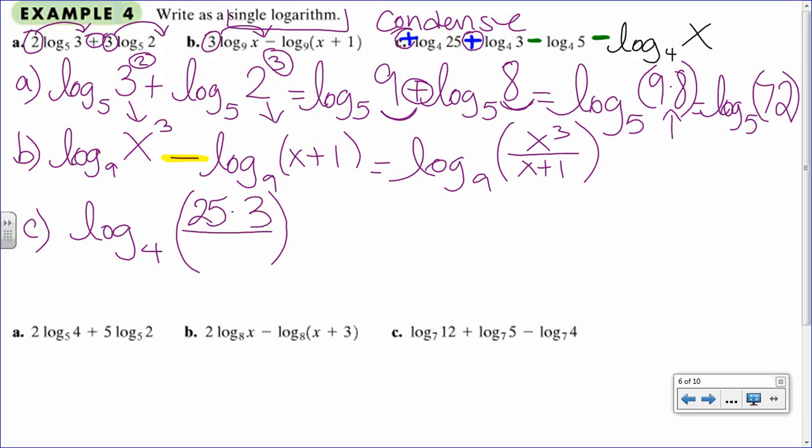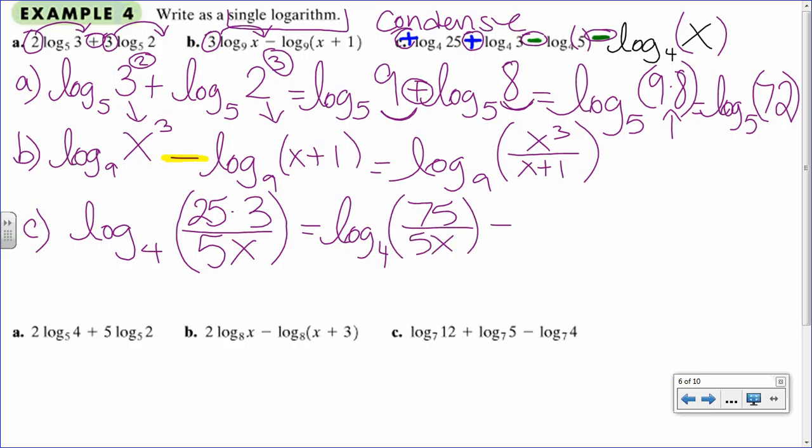And whatever has a negative sign with the log expression, those arguments will be on the bottom. Like that. That's like the easiest way to do it. And then of course we simplify, so this will be the log base 4 of 75 divided by 5x. And finally we'll get log of 15 over. And let's not forget the base.